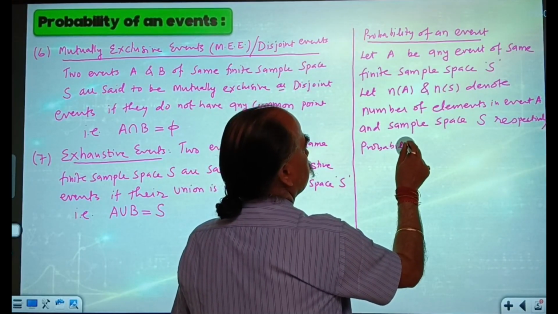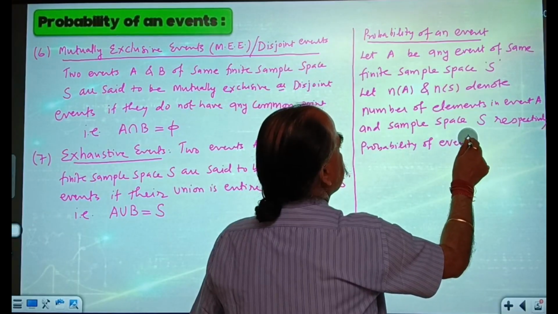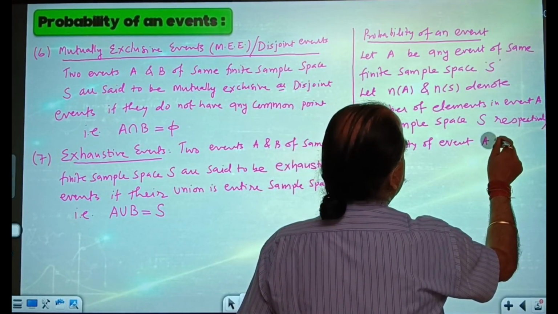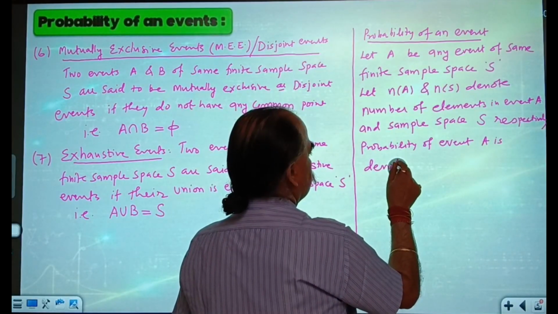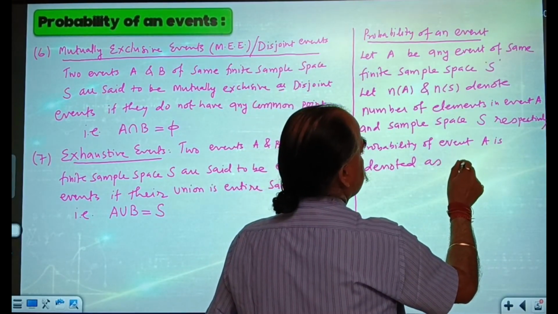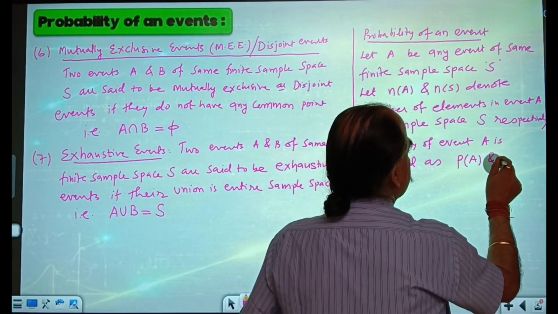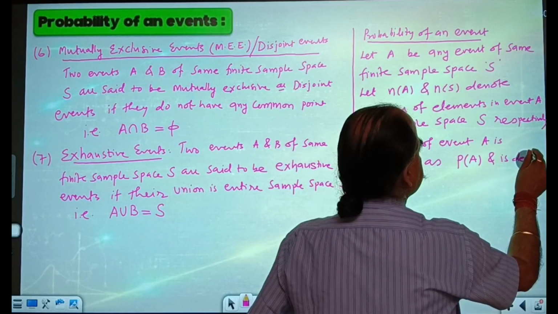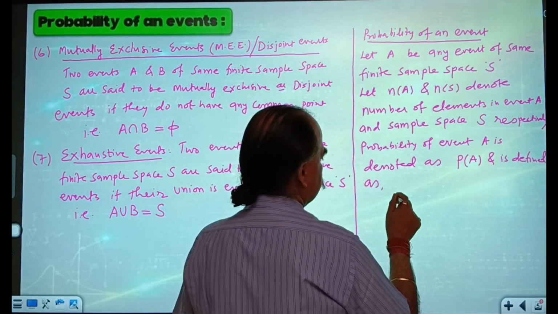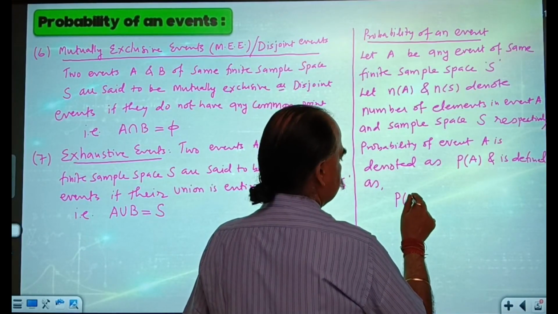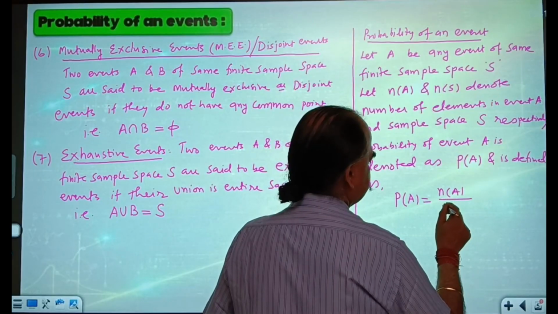The probability of event A is denoted as P(A) and is defined as P(A) is equal to n(A) upon n(S).